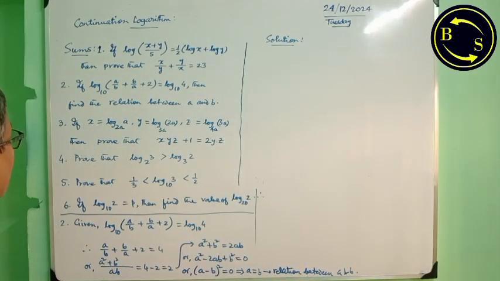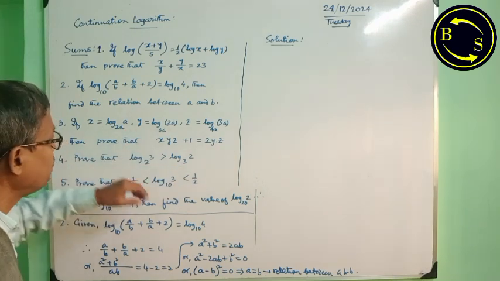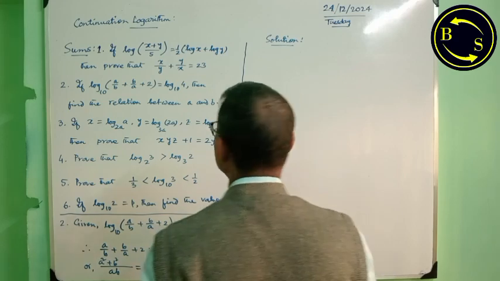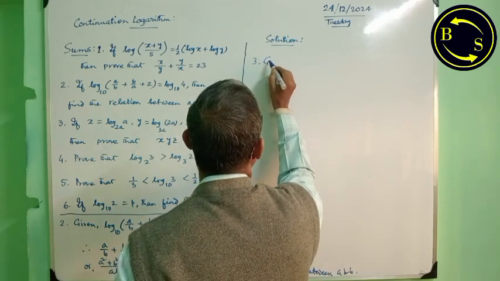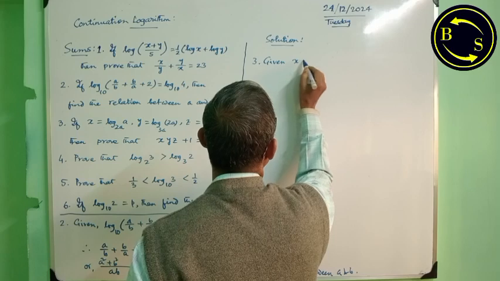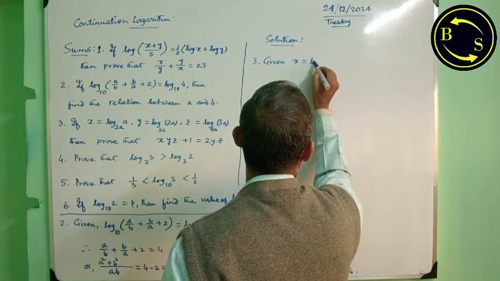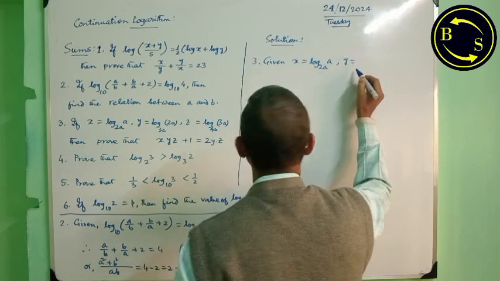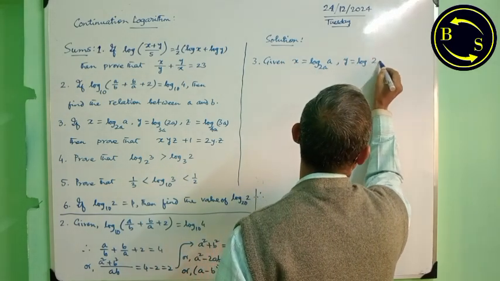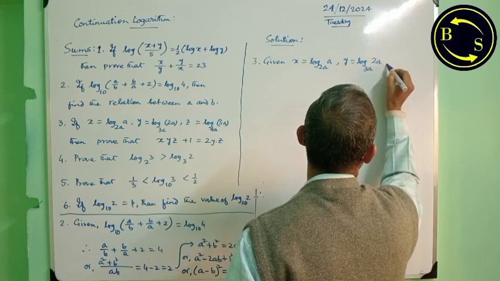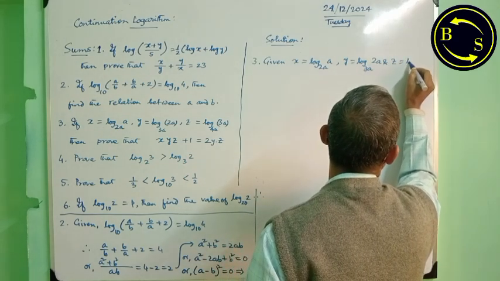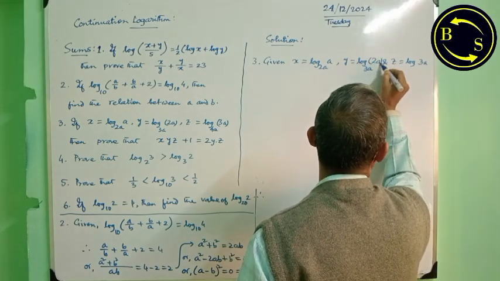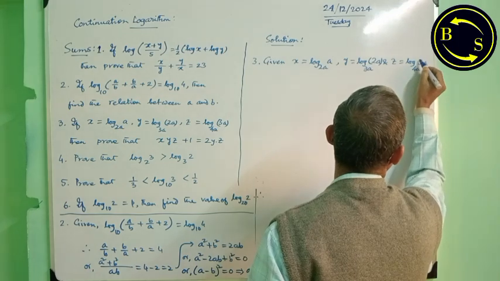Now sum number 3, x, y, z are given. We have to prove this relation. First I copy the values of x, y, z. Given x is equal to log of a to the base 2a, y is equal to log of 2a to the base 3a, and z equal to log of 3a to the base 4a.